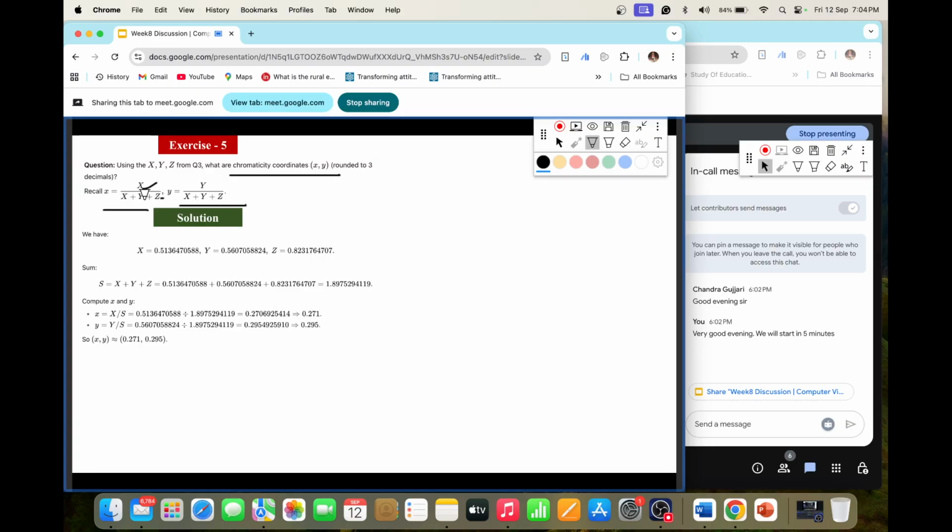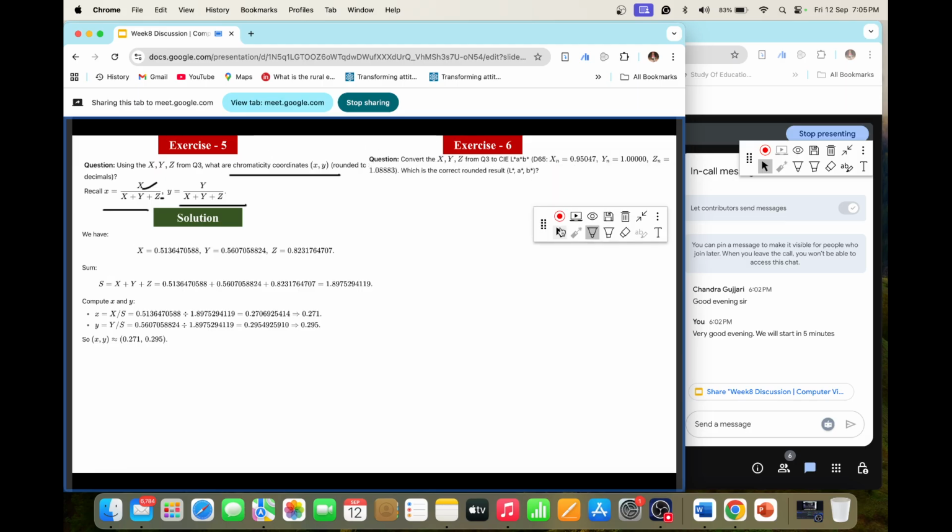So either you do it by simple X, Y, Z, or by X' plus Y' plus Z', your answer will come the same. So this is regarding CIE chromaticity.